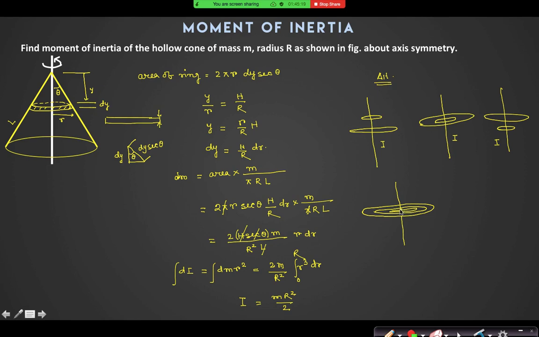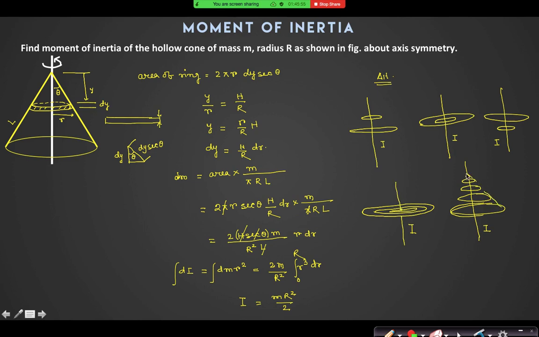Now what you do, you one by one shift that ring vertically upward. So you have a small ring here, just below a bigger ring, bigger ring. You will get this type of structure. If the moment of inertia of this is I, can I say the moment of inertia for this is also I? Yes or no? Yes, sir. So for a disk, if you move those rings upward, what eventually you will get?